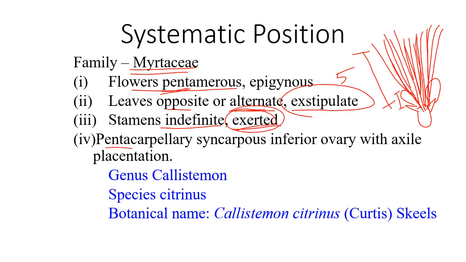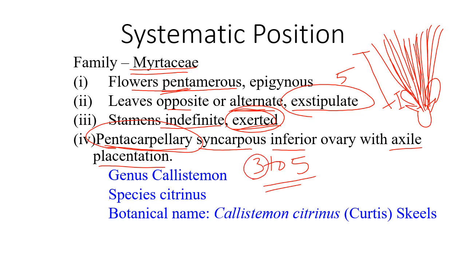Then ovary is pentacarpellary, syncarpous, inferior with axile type of placentation, not exactly pentacarpellary, it is 3 to 5 carpellary. In the plant we learned it showed 3, but most of the other plants of this same family also show pentacarpellary, that's why this characteristic is taken here.